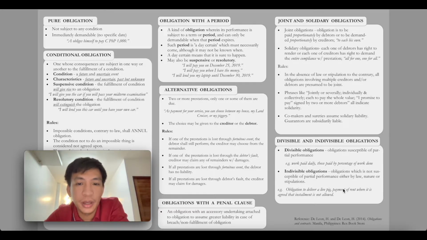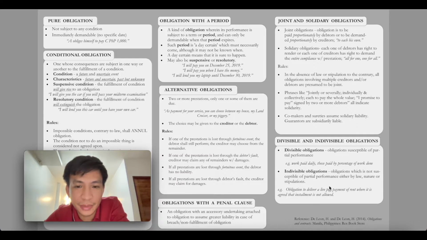Kumbaga, paano daw kung nawala yung isa dyan because of the fault nung debtor? For example, nawala yung bahay. Bakit? Kasi sinunog ni creditor, ay ni debtor, for example. Sinunog nung may-ari ng bahay, sinunog nung debtor. So what will happen? Si creditor daw pwedeng pumili diyan sa dalawa, yung Land Cruiser or yung piggery, pero this time with damages na.